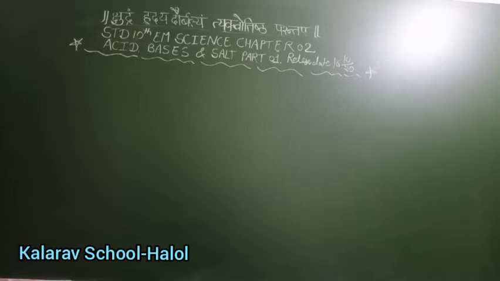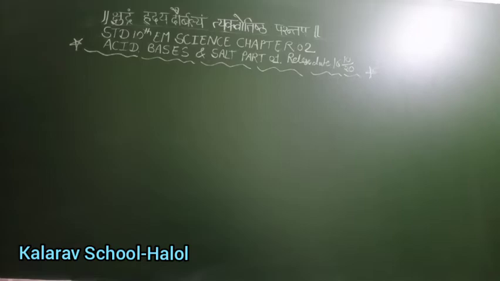You already know that acids are sour in taste. Sour means khatta, and acids change the color of blue litmus to red. This is the basic property which you should know. Litmus paper is, children, one kind of indicator which shows us whether the given material is acid or base.